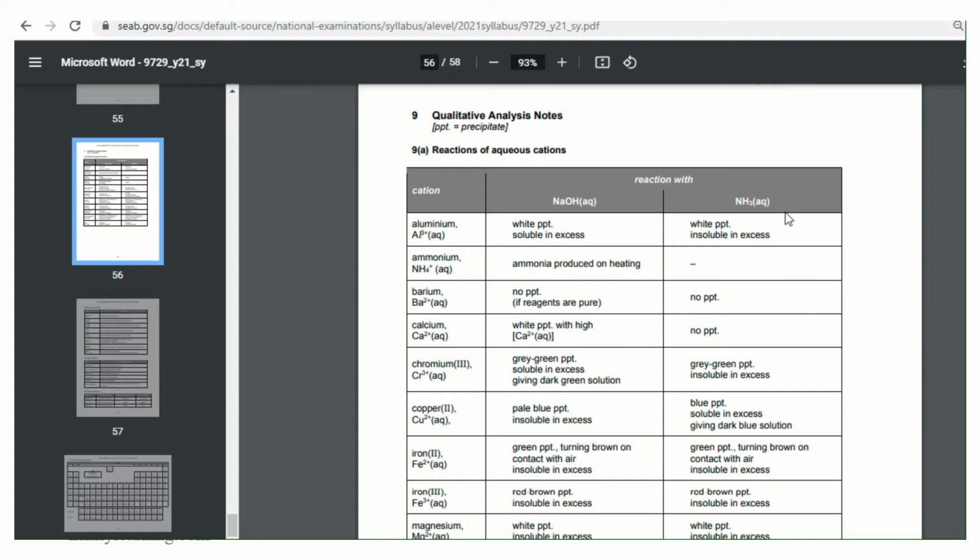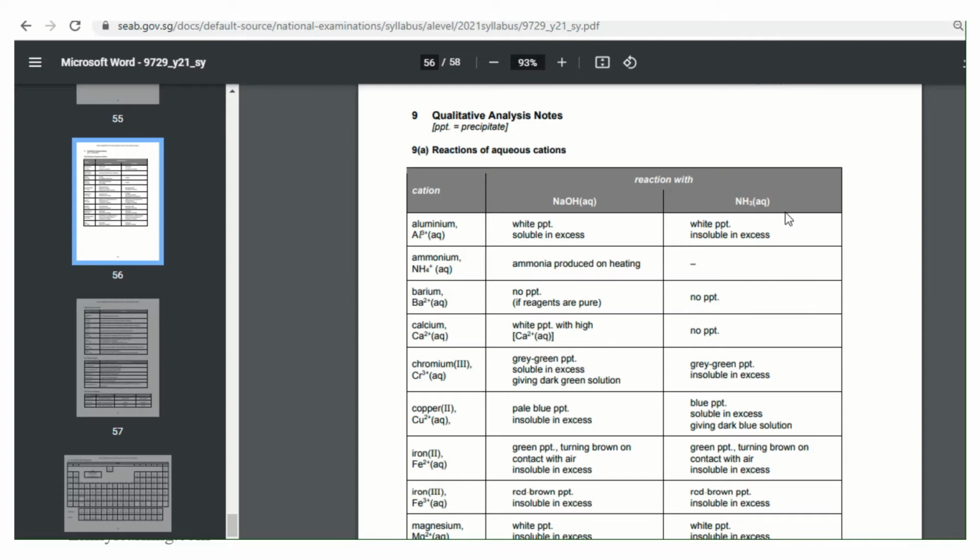When they ask you to add sodium hydroxide or aqueous ammonia, there are two things you need to take note of. The first thing is initially you will add sodium hydroxide or aqueous ammonia dropwise. What is the purpose of adding them dropwise? Well, it is to see whether there is a precipitate, and if there is a precipitate, what color is it?